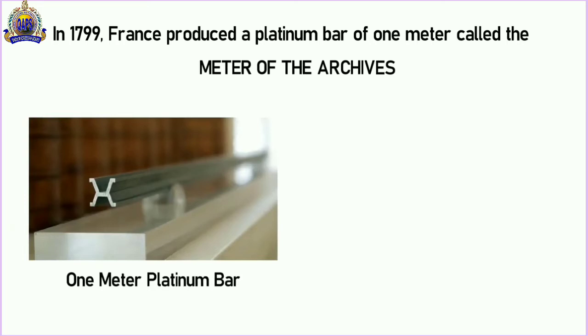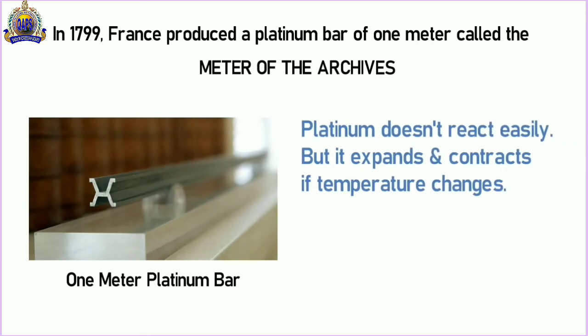So the question is why the platinum bar was used here. Actually platinum has some properties, like it doesn't react easily. It doesn't expand or contract if the temperature changes, meaning if there was any change in the temperature, there would be no change in the bar.